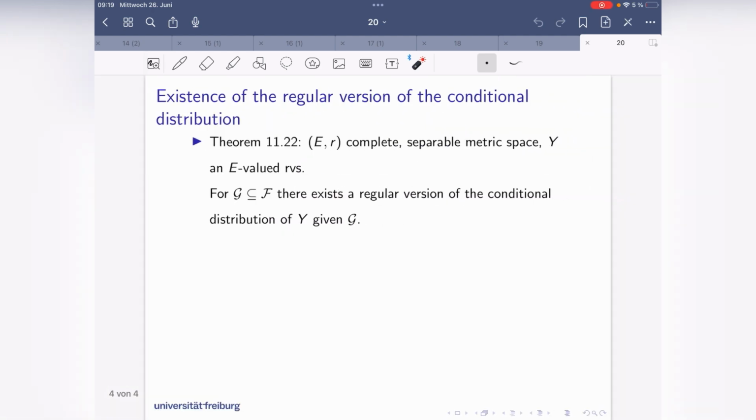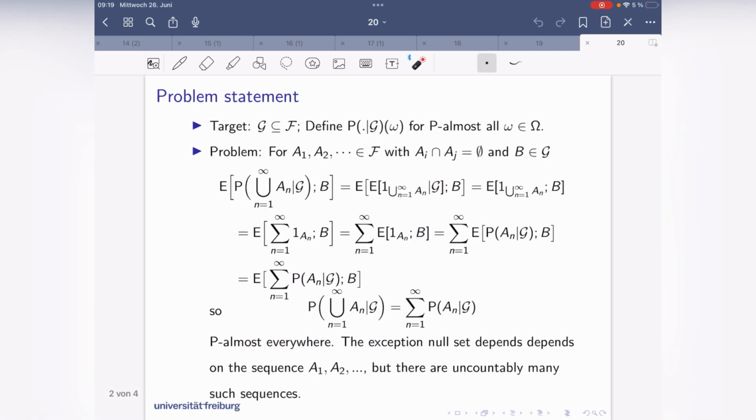And the answer is as follows for the question that we asked in the beginning. If, again, E is a complete and separable metric space, and Y is E-valued, and G is a sub-sigma-algebra of F, then there exists a regular version of the conditional distribution of Y given G, which means, stated differently, that I can take this null set in a way such that it's one null set for every choice of A's I had here.